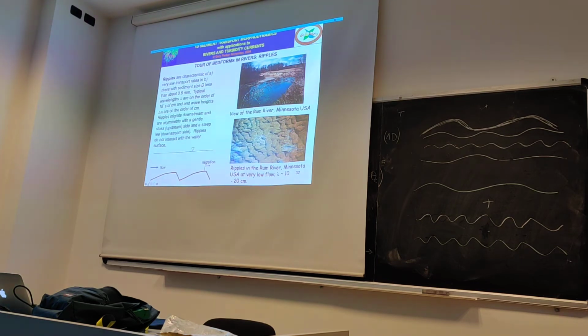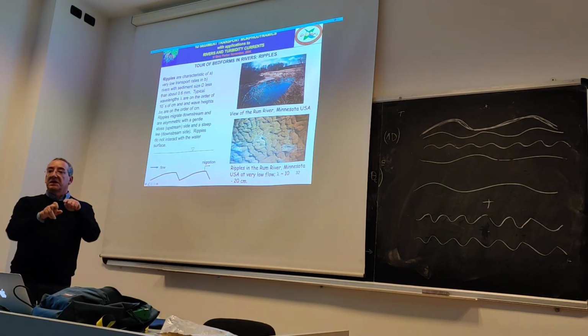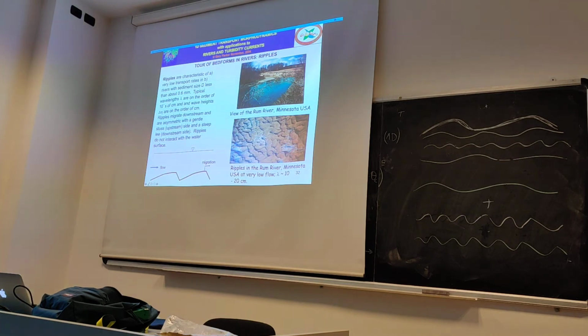Excuse me. Is the migration of the topography in the same direction? Yes, it is. So this is the flow. This is the migration of the bedform. It's migrating downstream for ripples, always. Because the only way to have upstream migration is having anti-dunes.